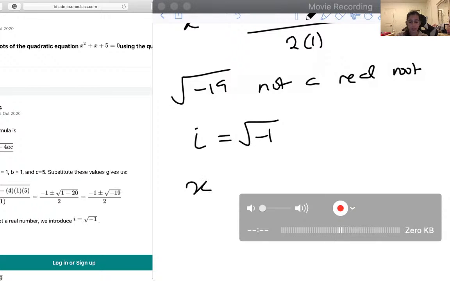And then we can plug that into our equation. So negative 1 plus or minus i. We take the negative out of the equation once we put the i in, and we are left with the square root of 19 over 2.